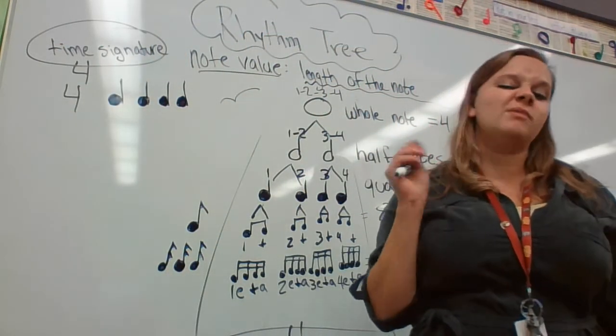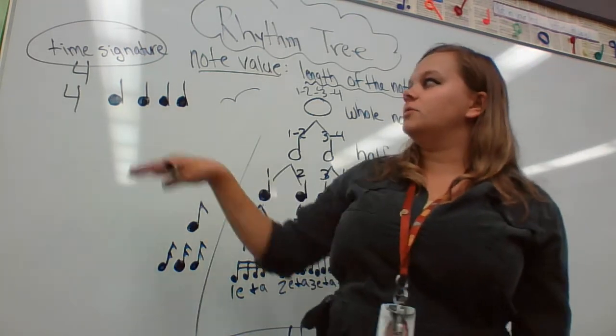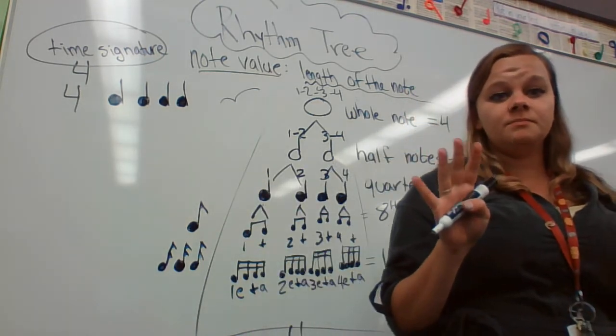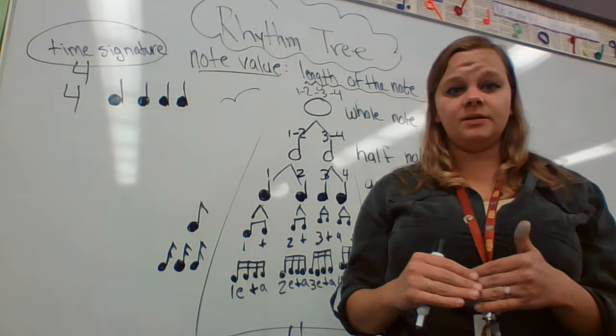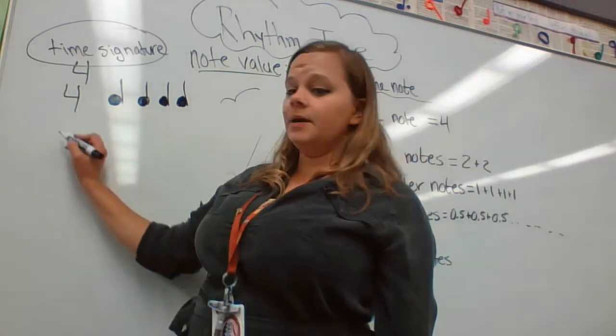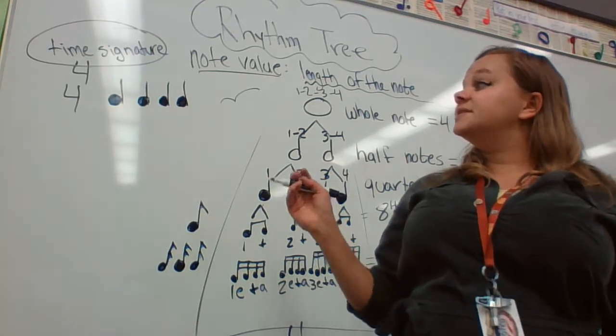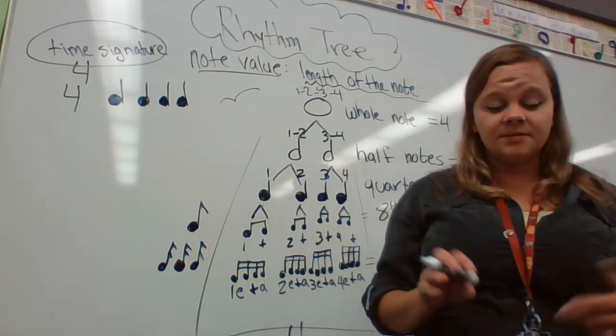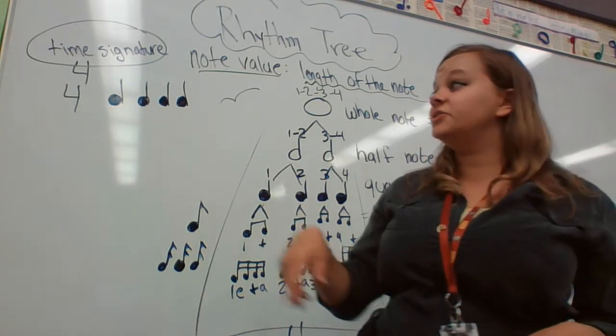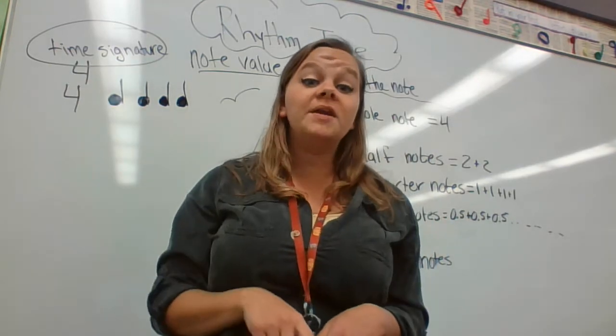Here we have 4 quarter notes. There's 4 beats in one measure. Top number, how many beats are in the measure? The bottom number looks like a fraction, right? The bottom 4 shows us that a quarter note gets the beat. If you broke this down into a fraction, that's 1/4.